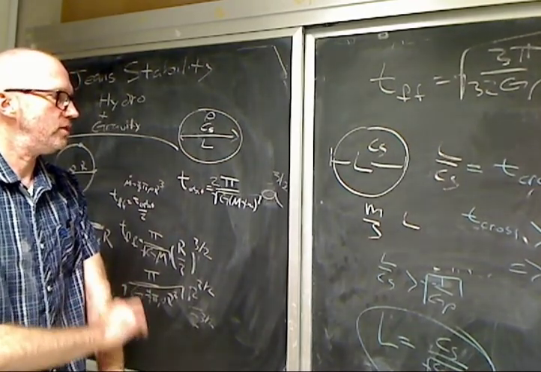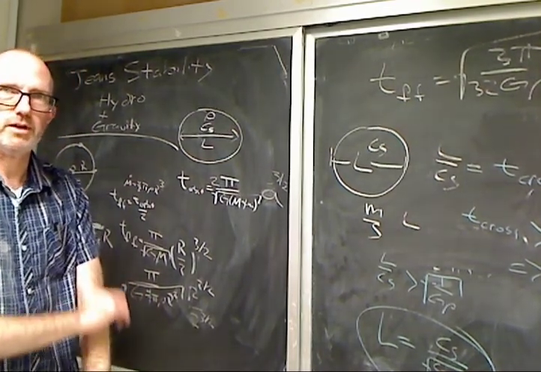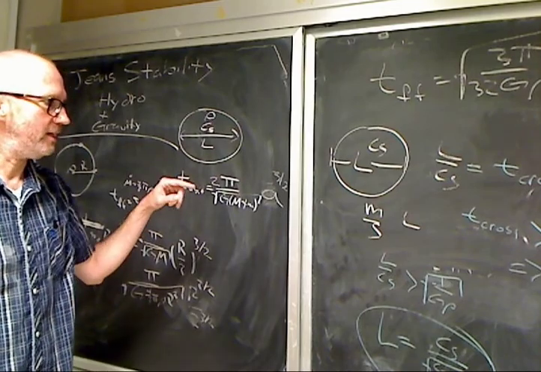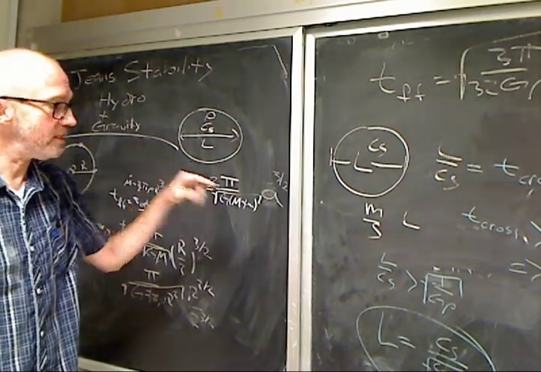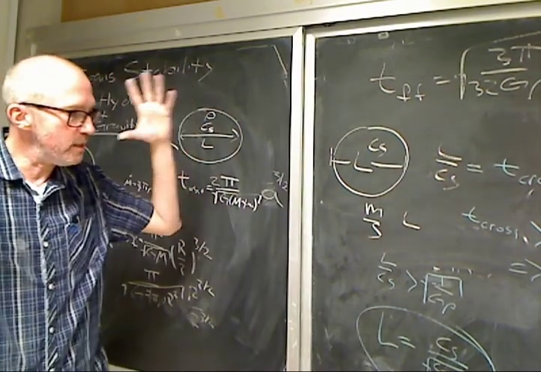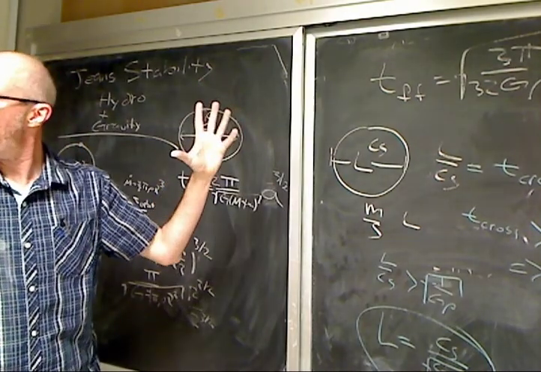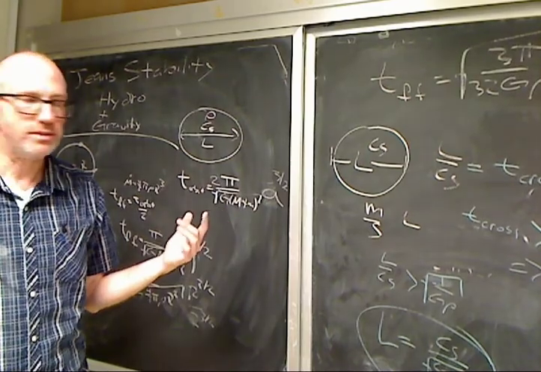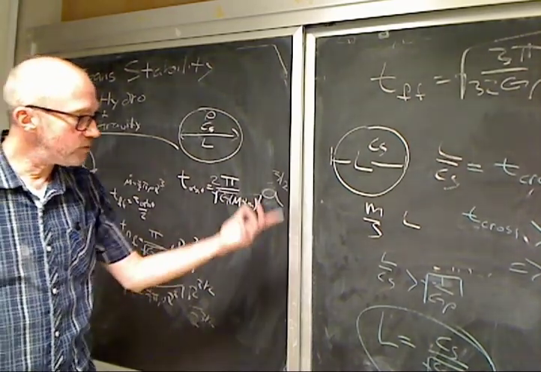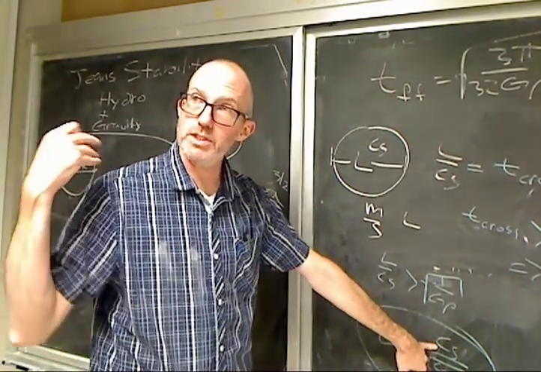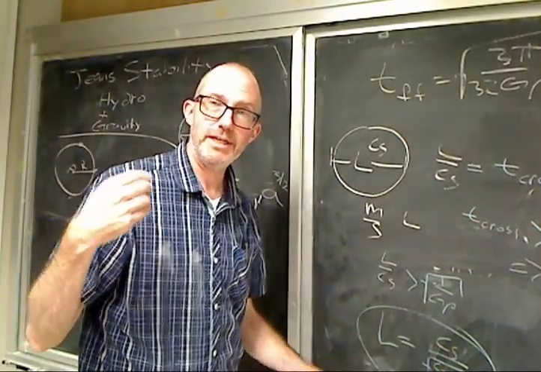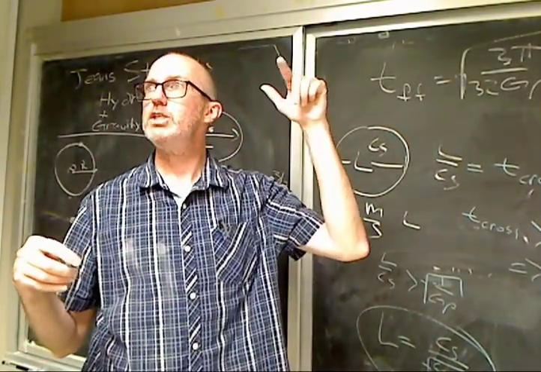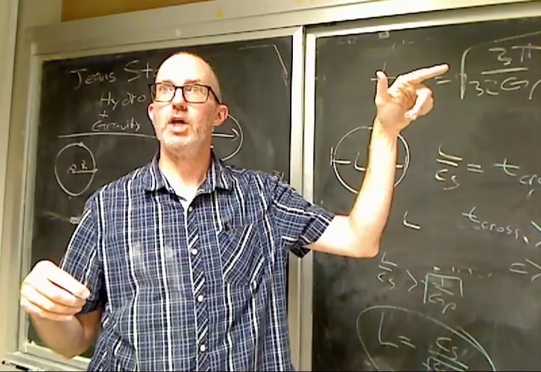It's about 32 inches if you're a 5 foot tall American man. So this is the size of a structure. This is the biggest thing that pressure can support before it collapses. And this is related to the temperature, because remember we sorted out that the sound speed is related to the temperature.